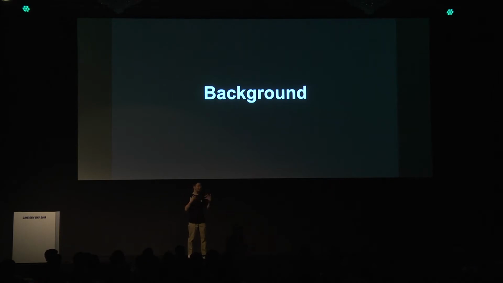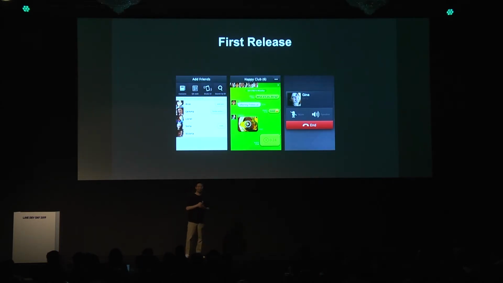But we need to think about the real situation, that there's no chance to start a design system for the first release of a service. What I'm saying is that there is always history or legacy in certain products. So for Line, do you remember the screens? This is when Line first released to the market about 8.5 years ago.